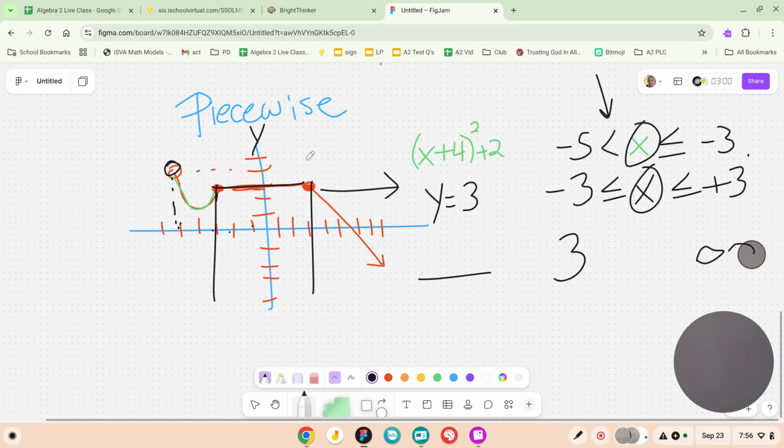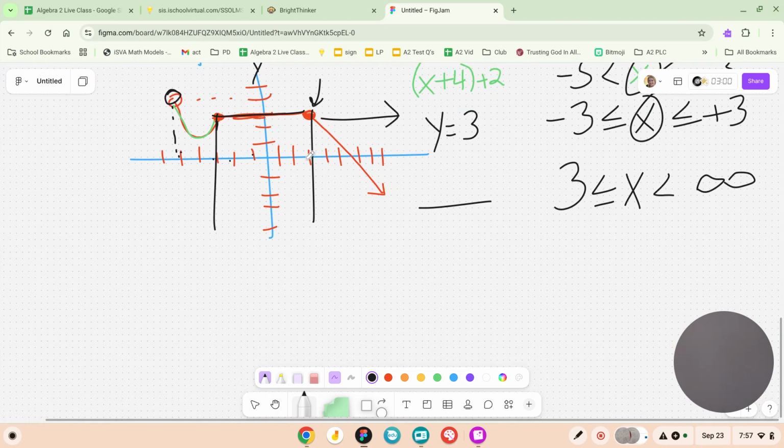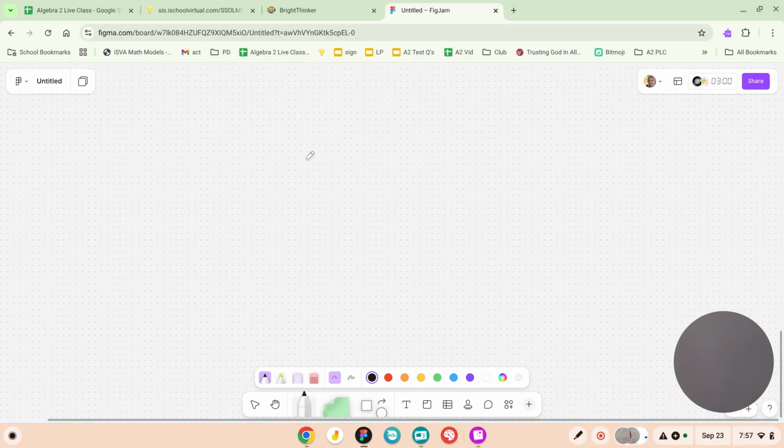So it's going to infinity to the right forever because it's got an arrow on there. We are including the 3 because this circle is filled in, and infinity never has an equal underneath it. So you have to really look at your range and your domain on a piecewise function. So that's what it's talking to you about on that.